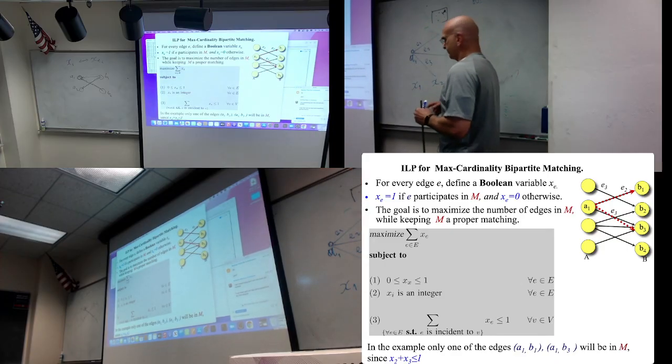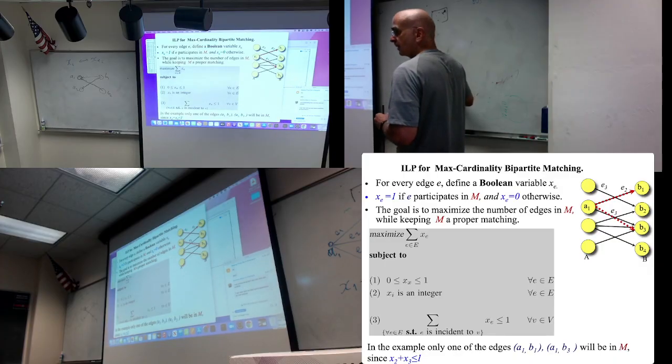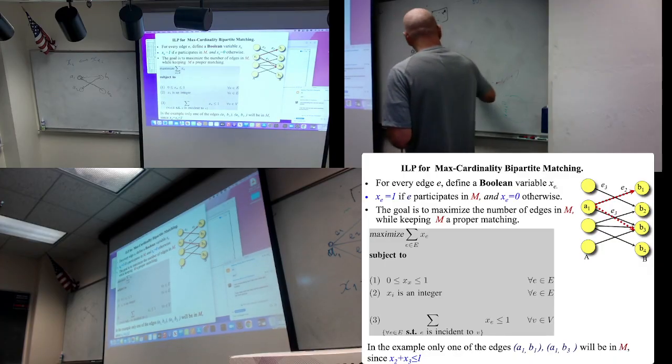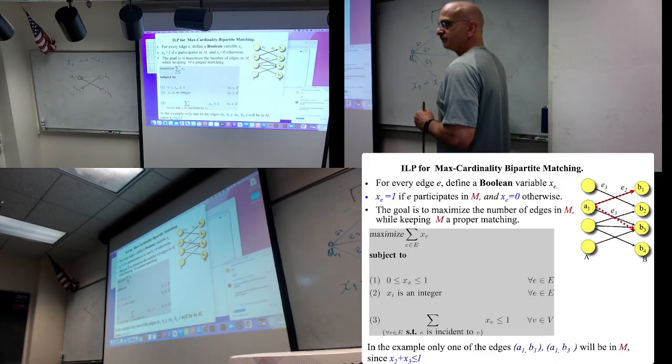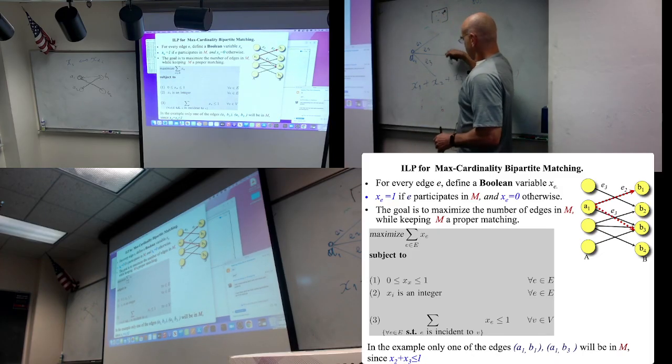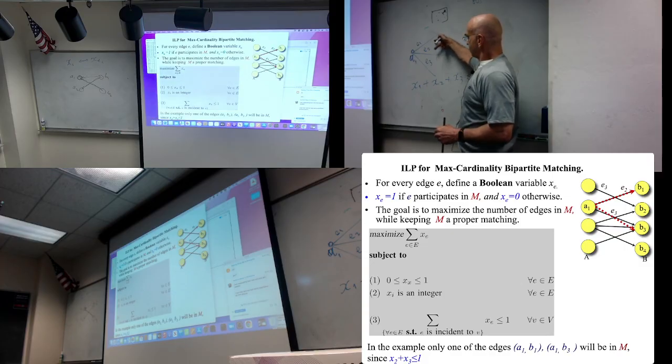How can I do it? I'll say x1 plus x2 plus x3 must be smaller or equal than 1. Correct? In this way, since every xi is a Boolean, either 0 or 1, it will be impossible that both edge E1 and E2 will be in the matching.